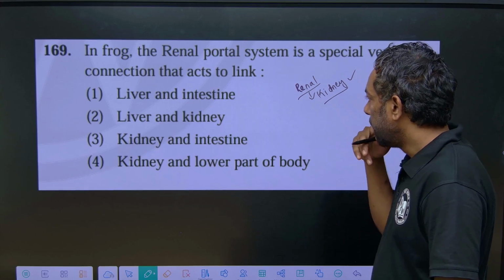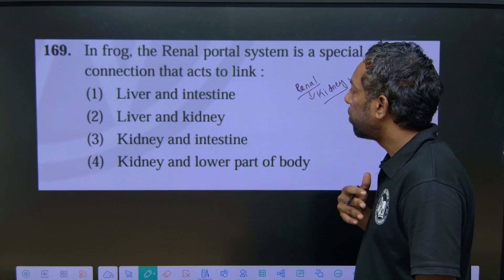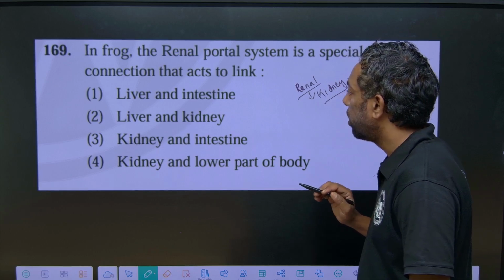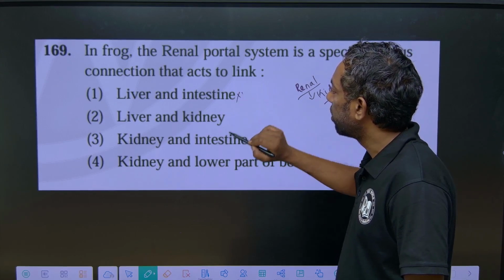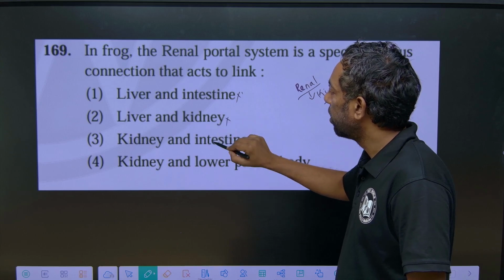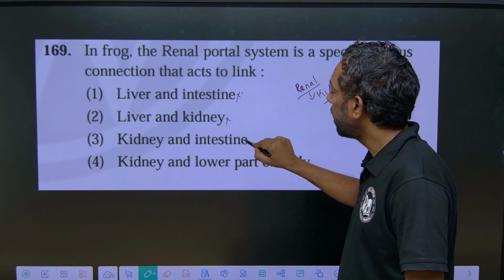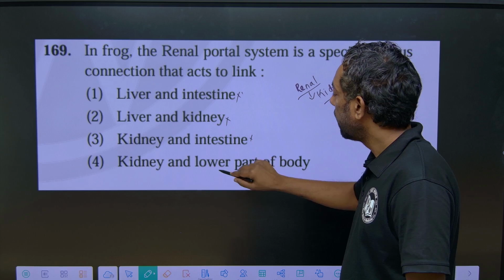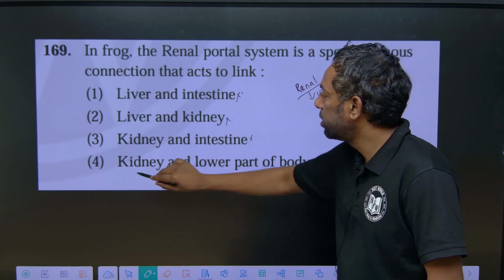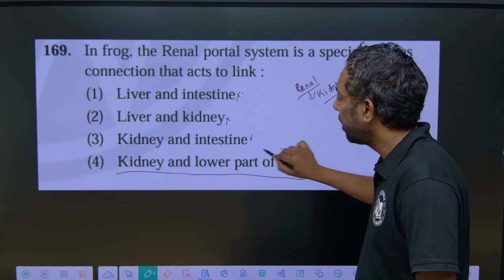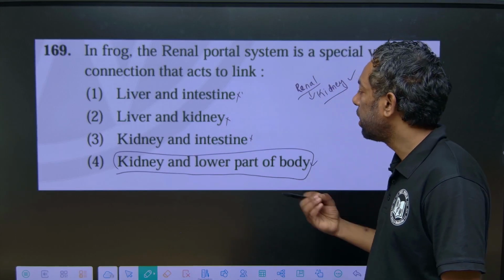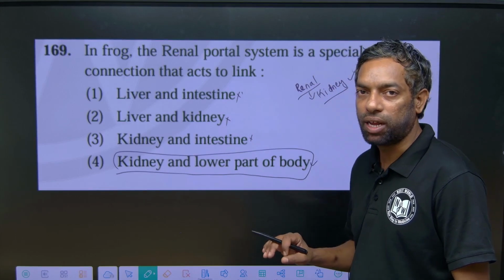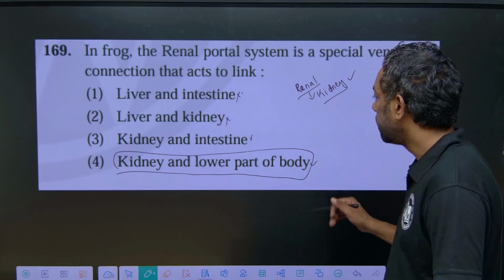Of course, it is not in the thoracic region, it is the lower abdominal part. Liver and intestine wrong, liver and kidney wrong. Liver is the upper part. Kidney and lower part of the body, this is the right answer. The kidney is in the lower part, they can circulate the portal blood into the lower part of the body completely.